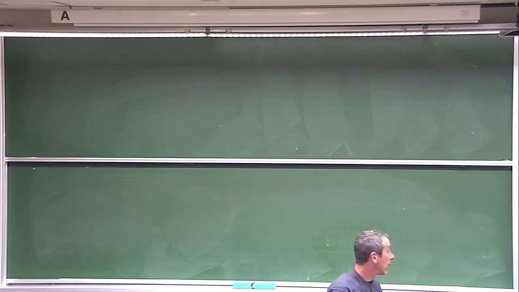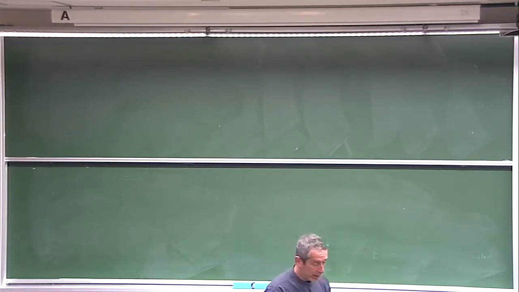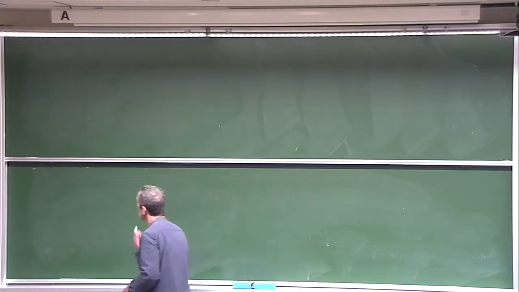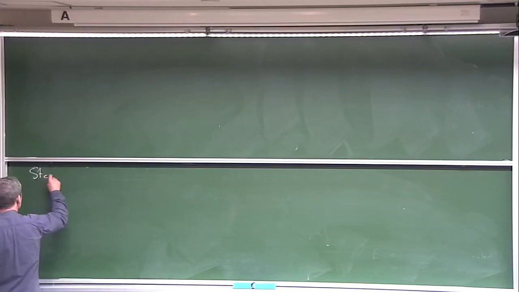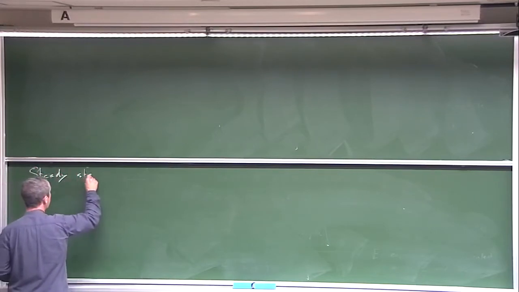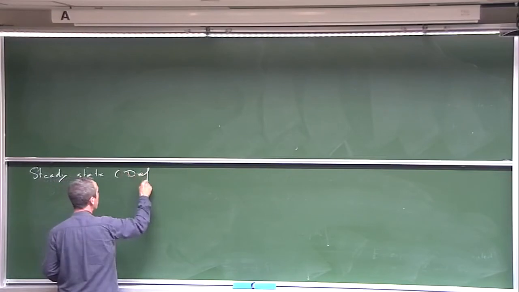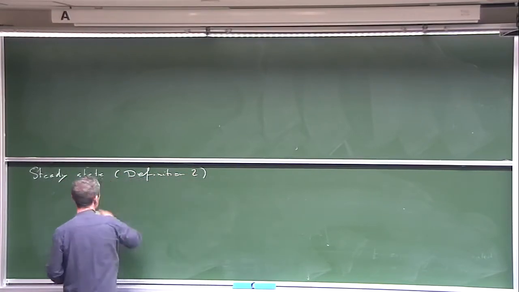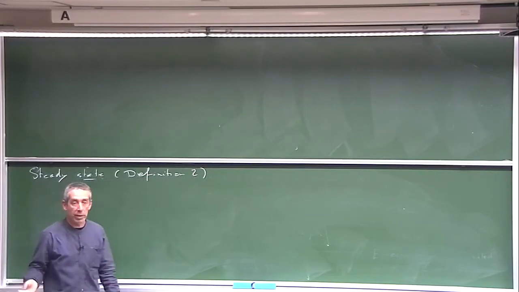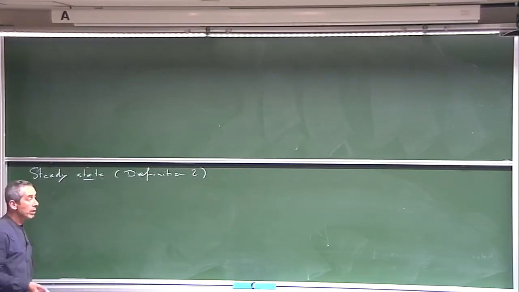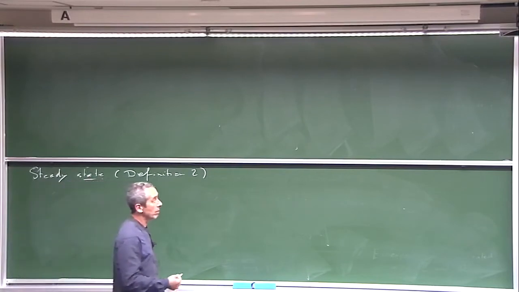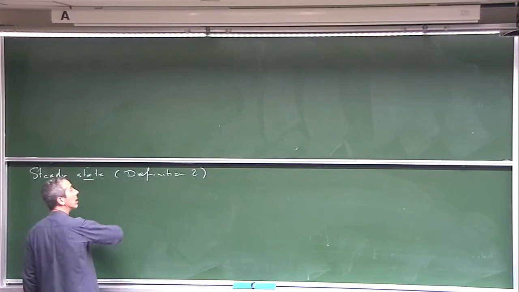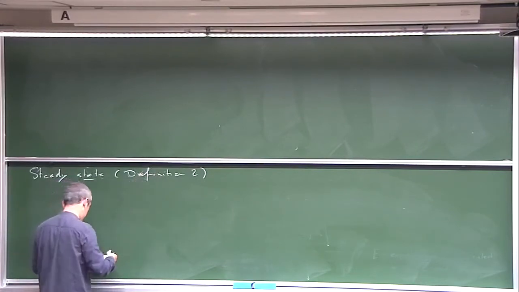So that leads to a second definition of a steady state. Definition 2. In definition 1, the steady state was an invariant measure, but in definition 2, it's going to be a linear functional on H^{-1}, but in fact not H^{-1}, but H^{-1,∞} tilde.